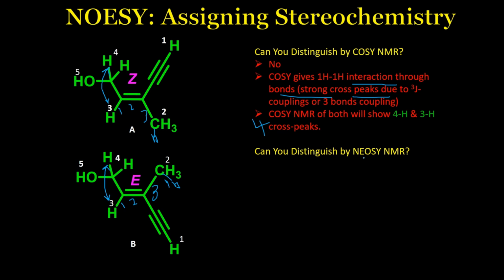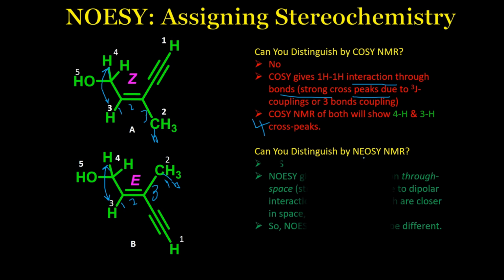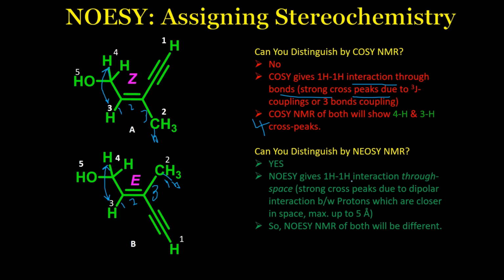Now the question comes, NOESY NMR. How can you distinguish them? Because NOESY NMR also gives 1H-1H interaction, but this is through the space. Therefore, only those protons will show the interaction which are in close proximity in space, up to 5 angstrom. So if it is the Z-isomer, you must see the interaction of the fourth proton with the 1 proton, and the interaction of the 3 proton with the 2 proton.